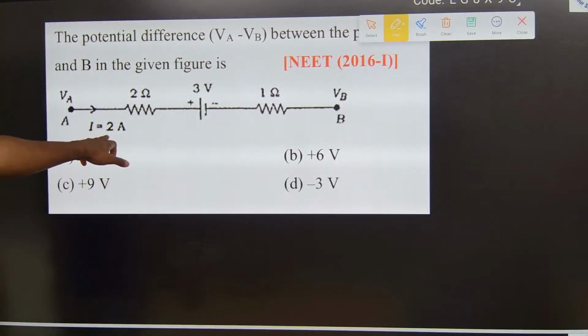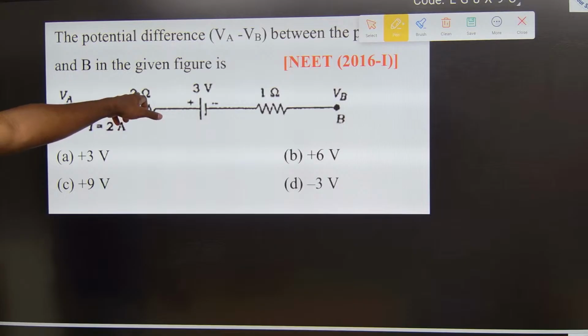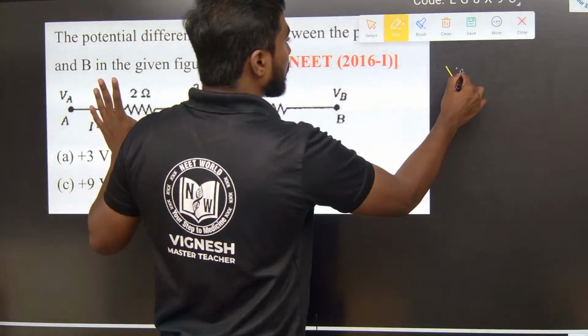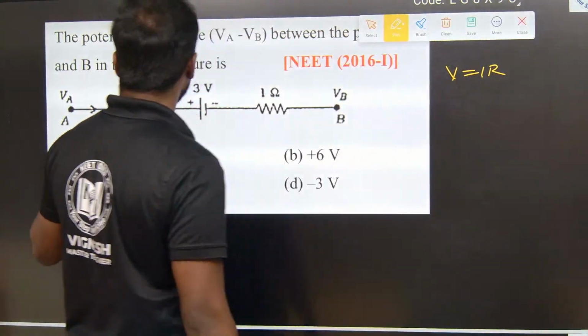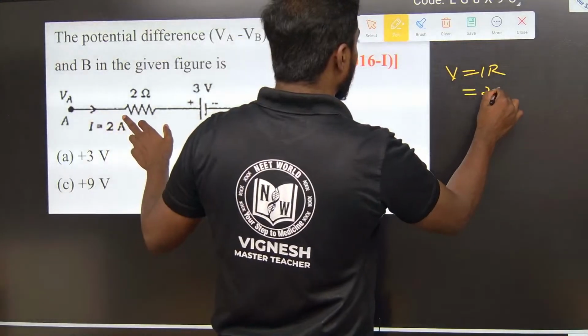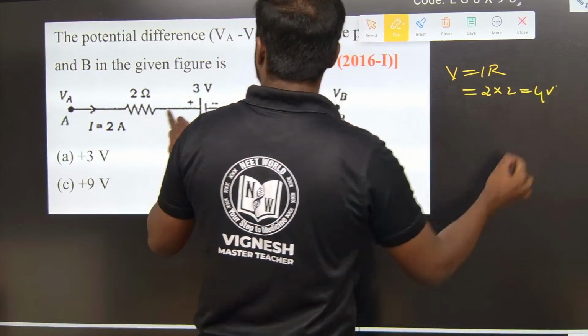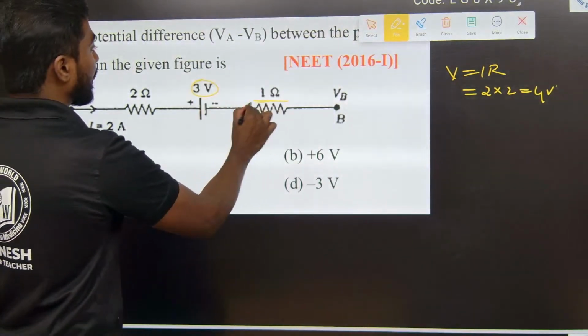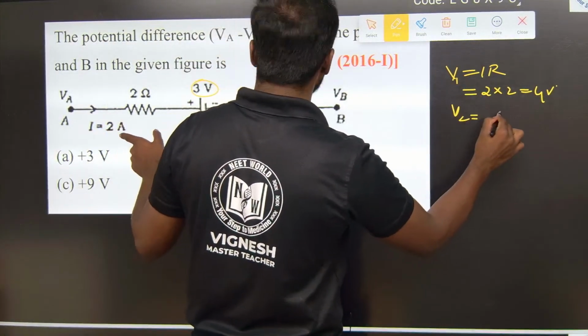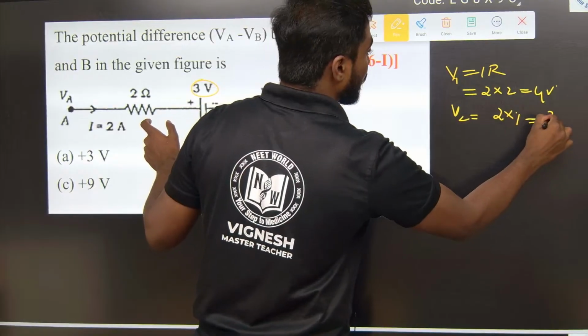So this one, 2 into 2 will become 4, like V is equal to IR. So V will become 2 into 2, which is nothing but 4 volt. Here it is 3 volt, and for this one again 2 into 1. So this is V1, and V2 will be 2 into 1, which is nothing but 2 volt.